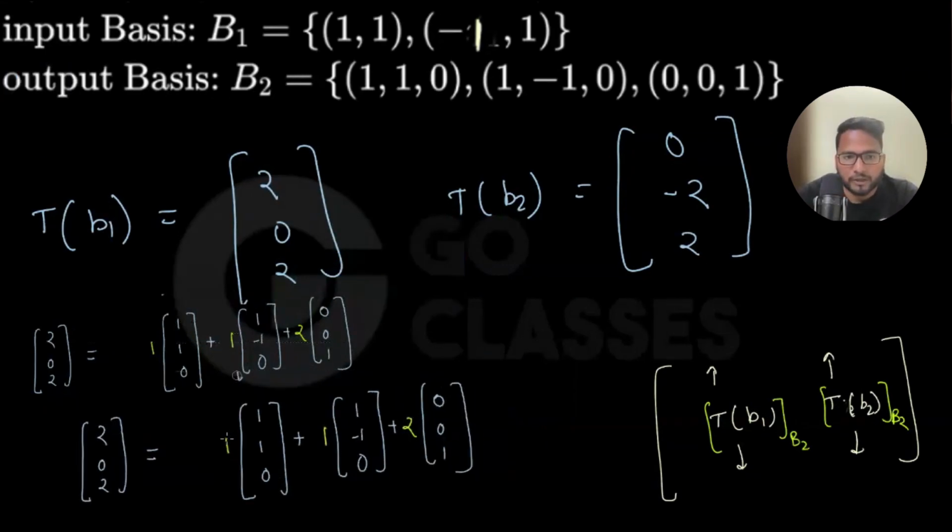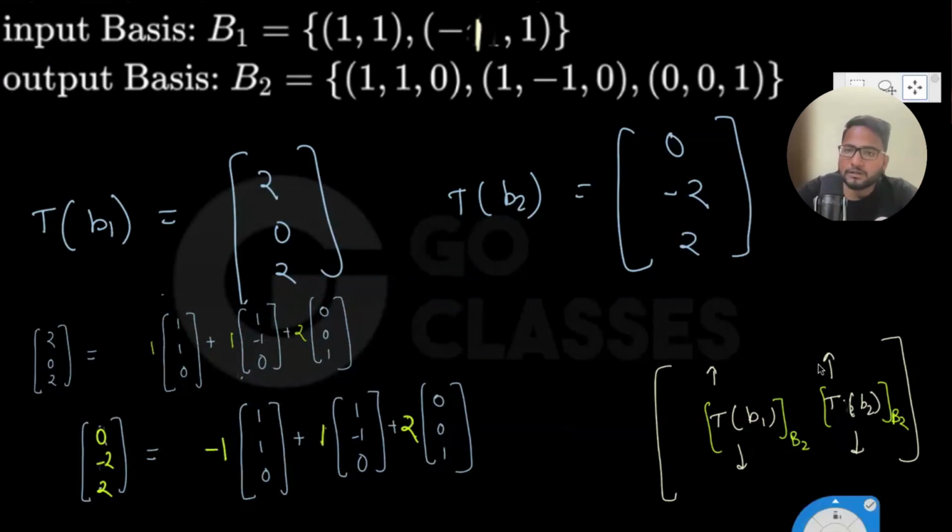So I hope that is visible. Second vector is this 0, -2, and 2. Can you tell me what is 0, -2, and 2 here? If you want 2, I think you will be multiplying by 2. You want -2 here. You want 0 here. So how you can get it? You want -2. This is -1. I think you can multiply by -1. And this is 1, right? Easy.